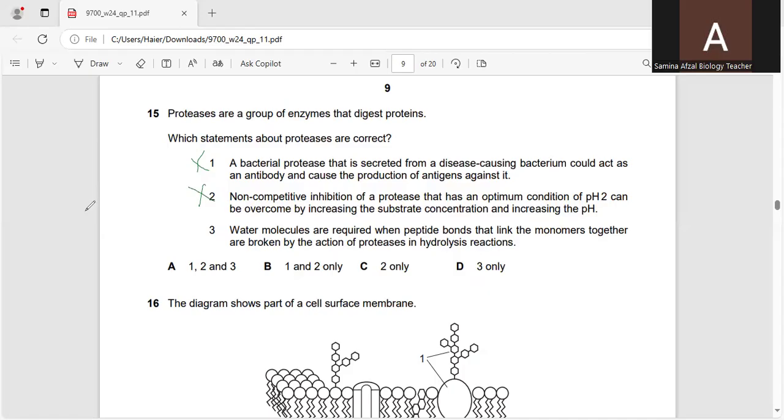When water molecules are added, the breakdown or hydrolysis reaction occurs. So only D is the correct option, and the third statement is the correct statement.